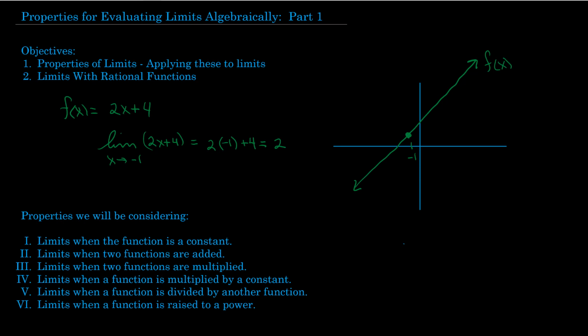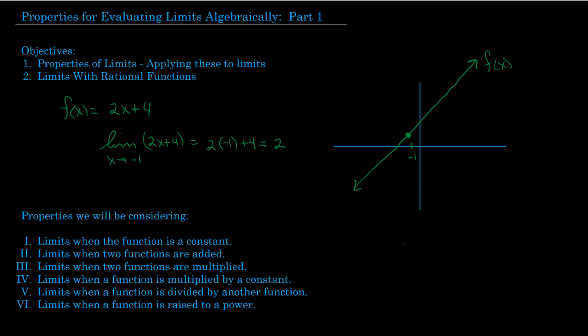If we're coming at -1 from either the left hand or the right hand side, remember a limit like this without any exponential notation of a plus or a minus means you're coming in from both sides. So if we come in from either the left or the right hand side, in either case, we're headed toward a y value of 2.